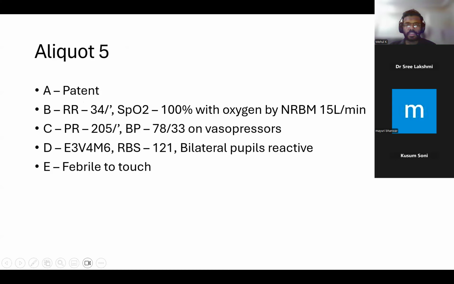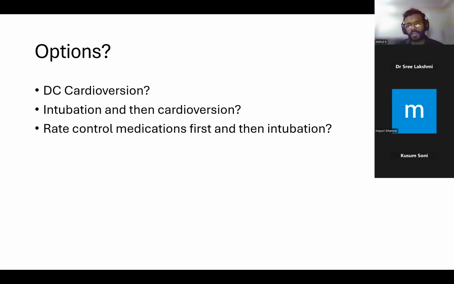So the question here is, what would you do next? And we are assuming here that the initial rhythm was actually sinus tachycardia, and now the patient has gone into atrial fibrillation basically in front of you. So the options I'll give you: you do DC cardioversion, synchronized cardioversion.